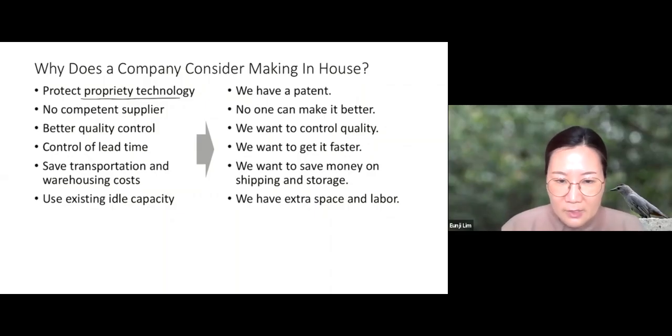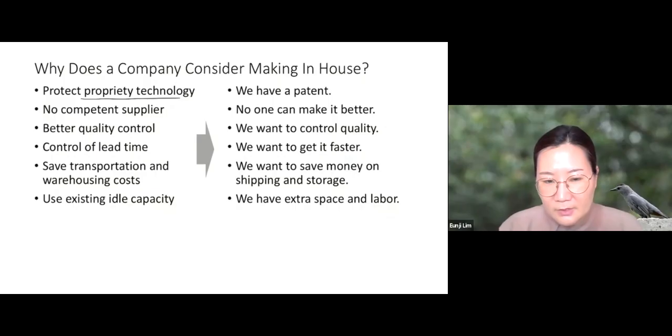And this payment is called a royalty payment. So the company with the patent doesn't have to do anything, but it makes a profit by collecting royalty payments. So that's how a company makes a profit by getting a patent.